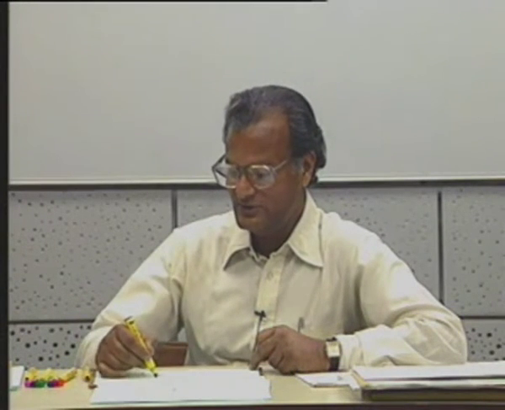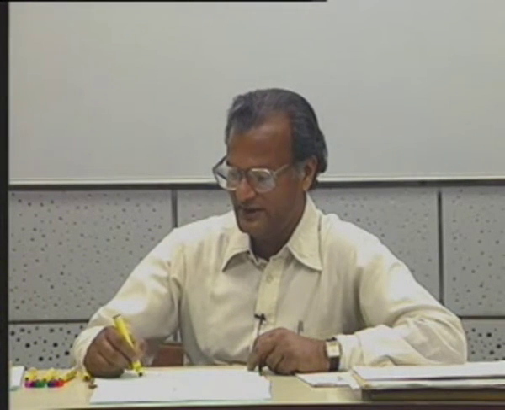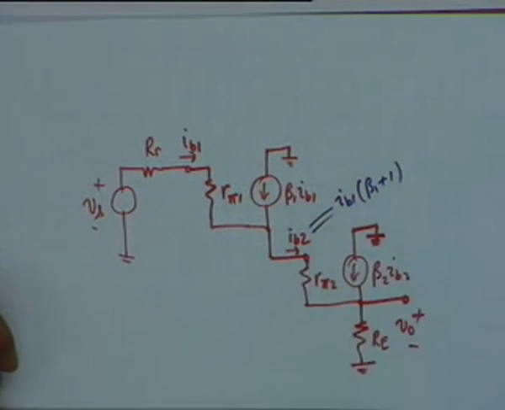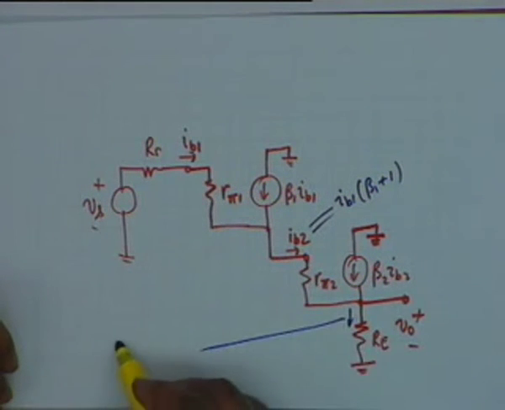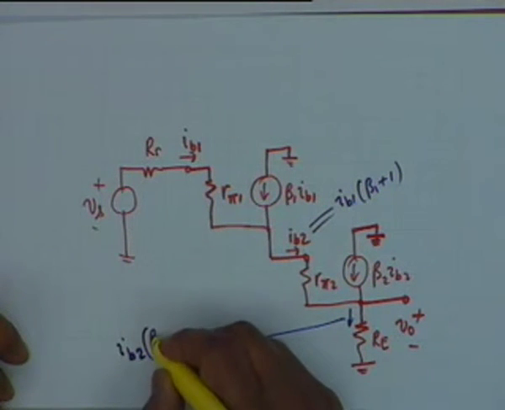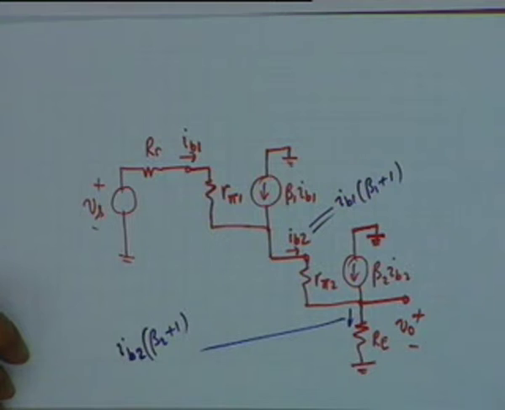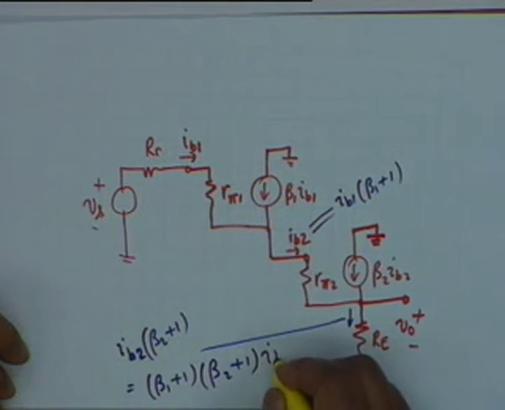You see that IB2 is simply IB1 times beta 1 plus 1, and therefore this current is IB2 times beta 2 plus 1, and therefore this is beta 1 plus 1 times beta 2 plus 1 times IB1.